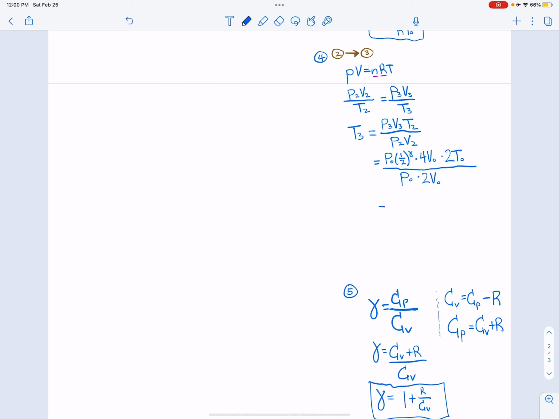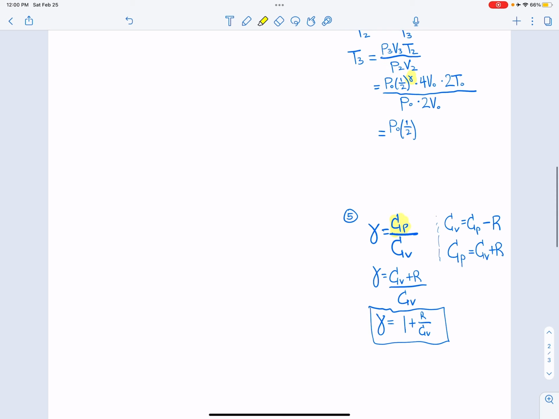So then my T3 is equal to P naught times 1/2 to the power of, instead of gamma, which involves Cp that I cannot use because it wasn't given, I'm going to use this for gamma: 1 plus R over Cv, because Cv was given and R is a constant.